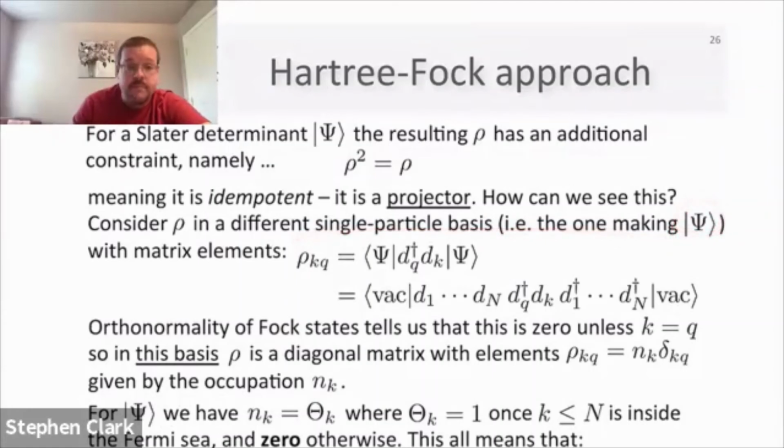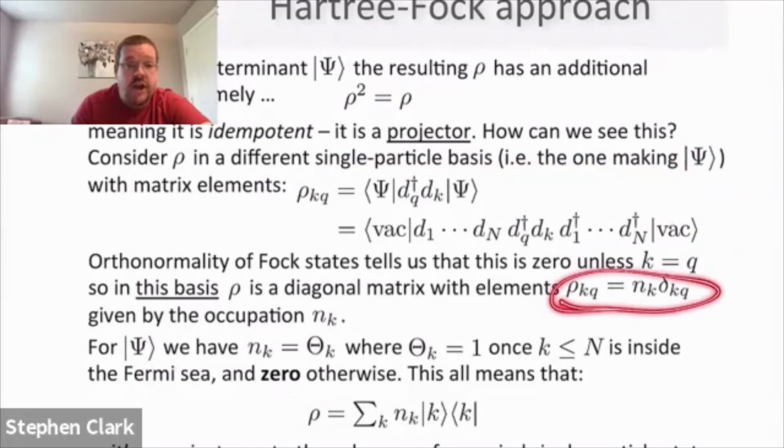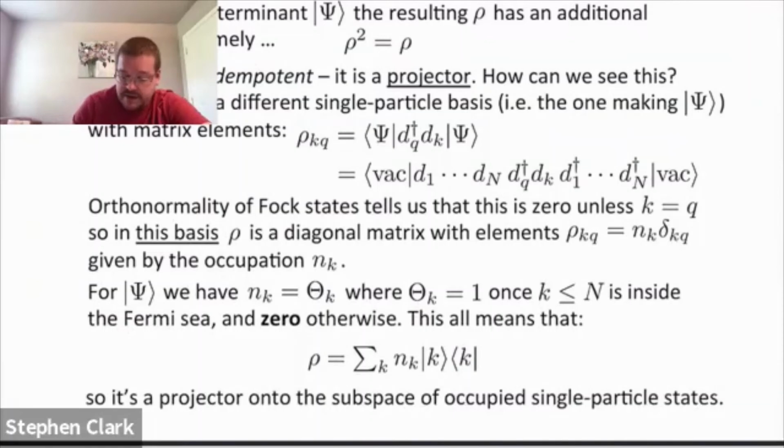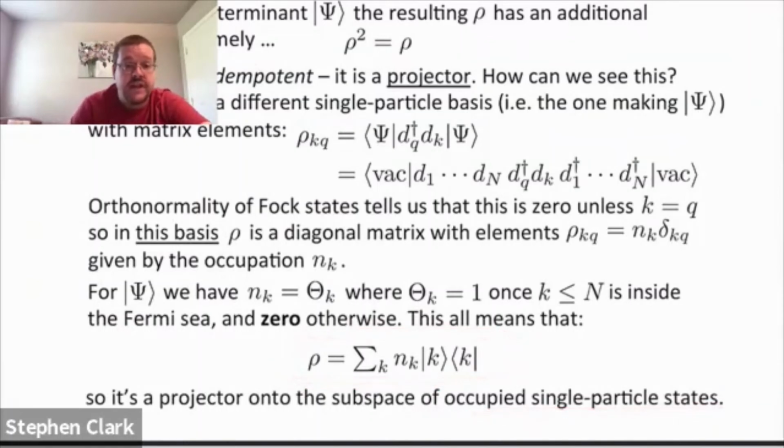In that diagonal basis, the density matrix is diagonal, with occupation numbers along the diagonal that are all 1, 1, 1, 1, 1, 1 for the occupied modes and 0, 0, 0 for all the unoccupied modes. So it looks like this, basically. It's just a projector onto the occupied subspace of single particle states.